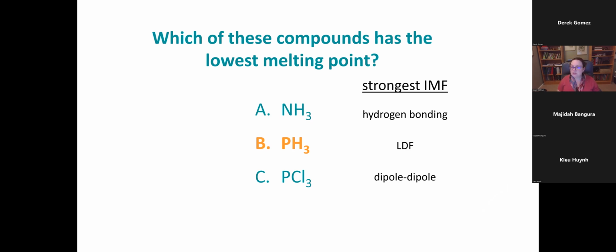Which one would have the highest melting point? It's going to be A, the one with the strongest forces. Like I said, we could ask you to put them in order, just rank them based on their forces. Here we were just asking what's the absolute lowest or biggest.